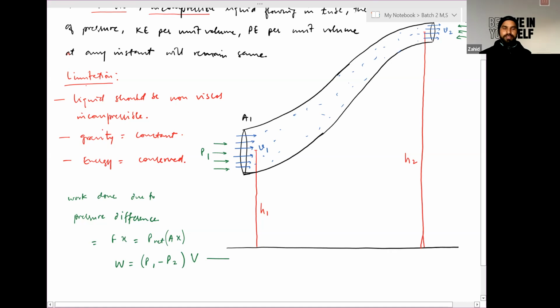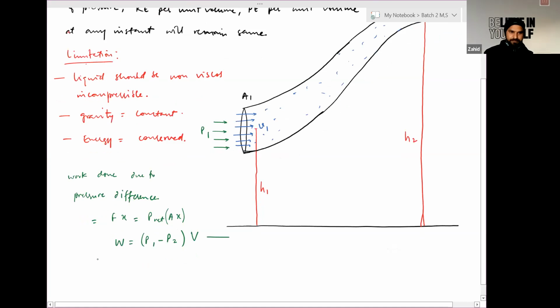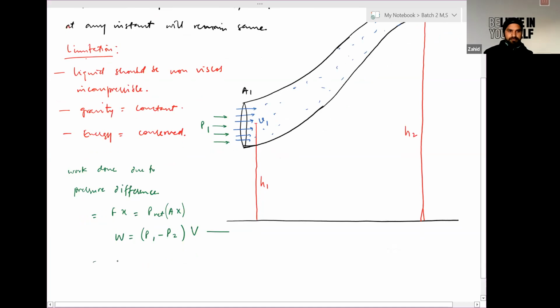Now, according to the work energy theorem, net work done by any external agency will result in change in kinetic energy plus change in potential energy.